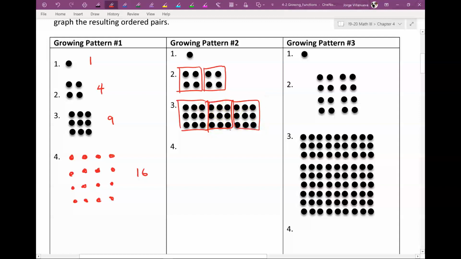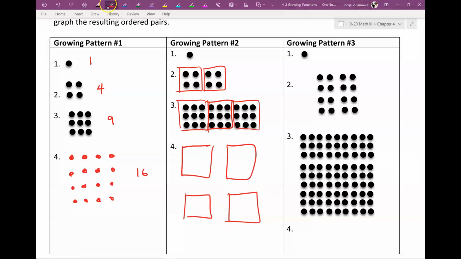So how many squares is the fourth one going to have? 4, right? Because this one has 3, this one has 2. This one's going to have 4 different squares. So I'm going to do this: 1, 2, 3, 4. And how many dots are going to be in that one? 4 by 4, so 16 in each one. So there's going to be 16 dots in each one.